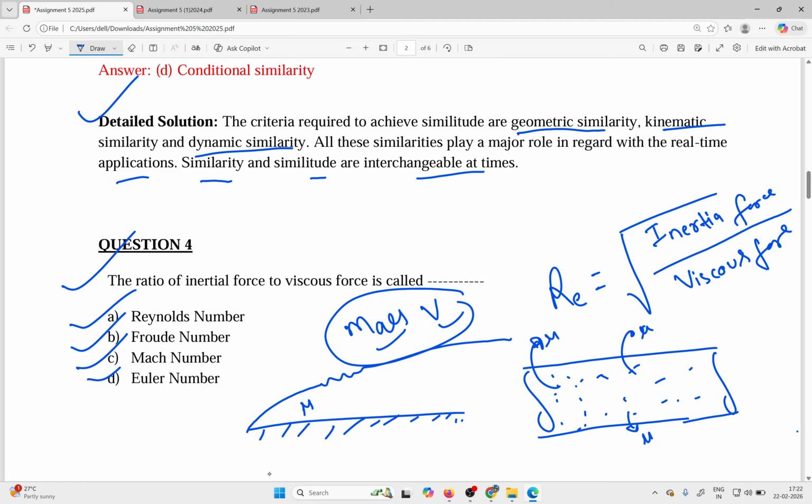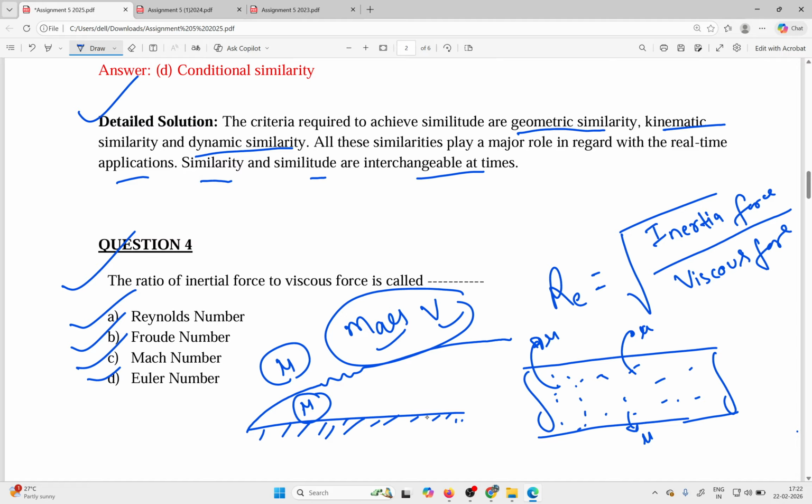Why? Because everywhere above the boundary layer you have viscosity, and within the boundary layer also you have viscosity. But here one thing plays a very major role.